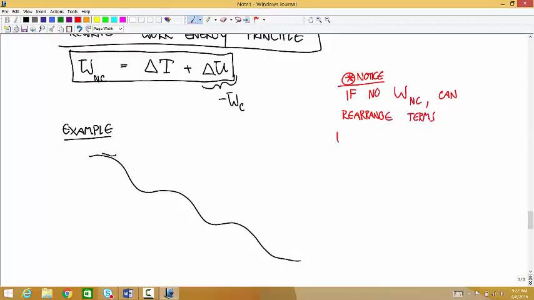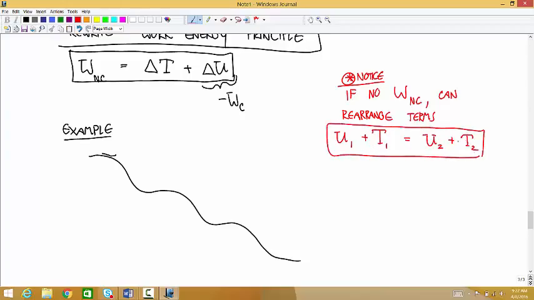And it says that the potential energy at instant 1 plus the kinetic energy at instant 1 is equal to the potential energy at instant 2 plus the kinetic energy at instant 2. And this is the equation that is often called conservation of mechanical energy. It's just another form of the work energy principle, just when this term W non-conservative is equal to 0.